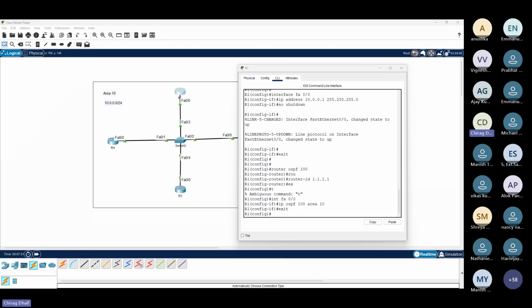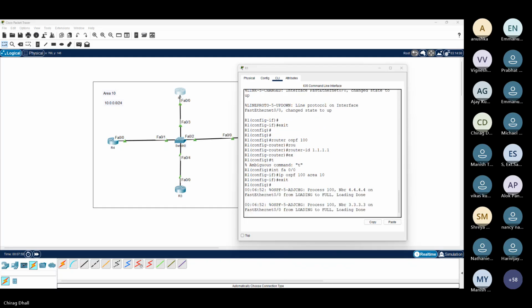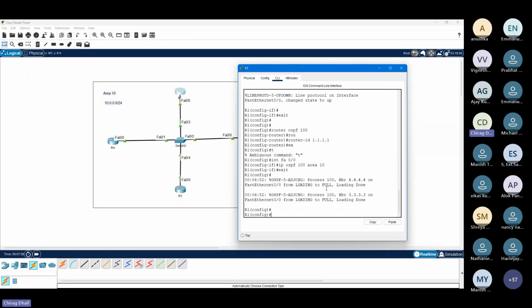Guys, what is the command to check the neighbor table? Show IP OSPF neighbor, right?